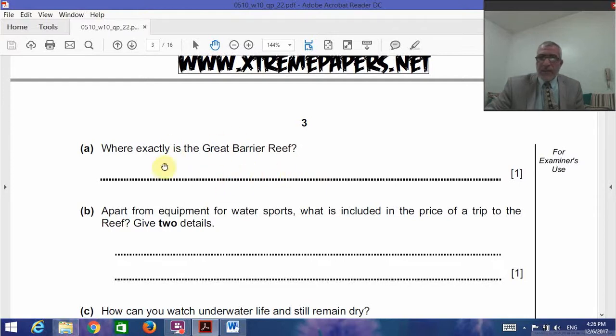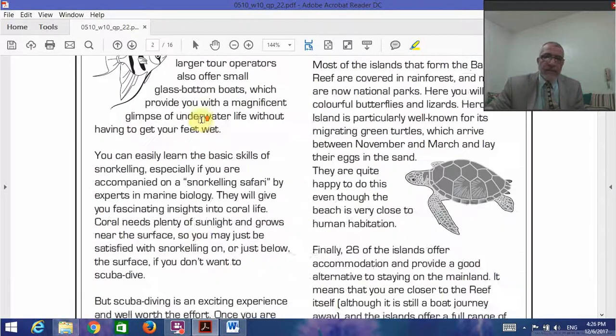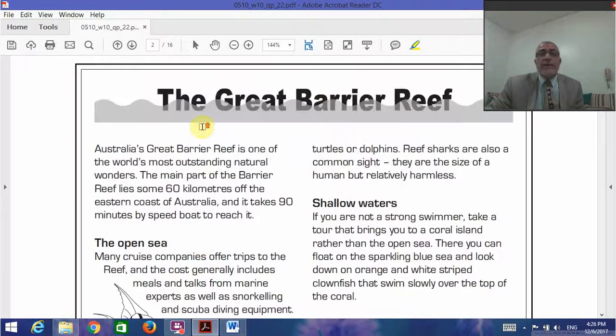For example, where exactly is the Great Barrier Reef? If you want to answer this question, the keyword is where here, as you can see, right? This is where, okay? And then you are looking for the Great Barrier Reef. If you go back to the text here, you read through to find where it is.